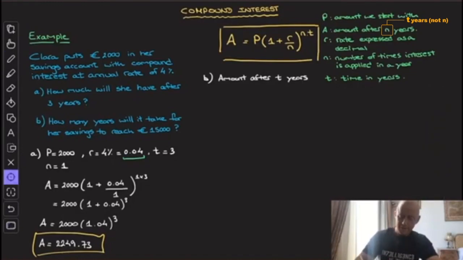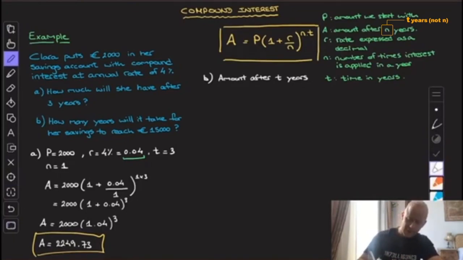And remember, t is the number of years inside this formula. So my first step is I'm basically going to copy this formula. I'll replace p by 2,000, I'll replace r by 0.04, I'll replace n by 1 right here and here, and I'll leave t as it is, because I don't know what t is yet, right? That's what we're trying to find in the question.